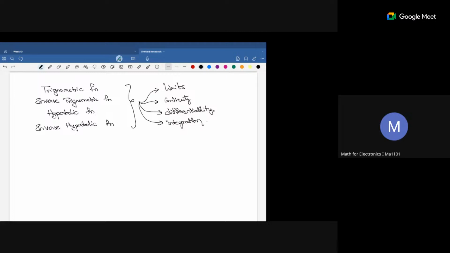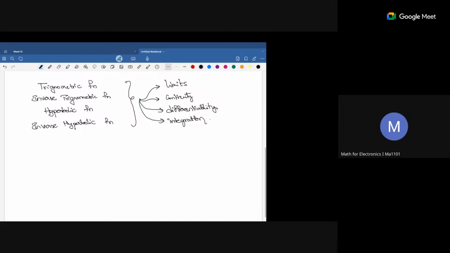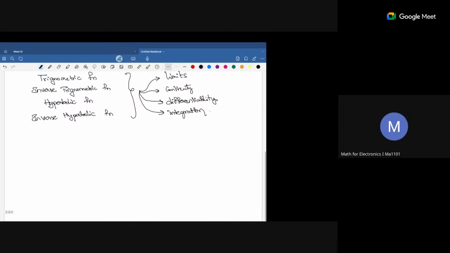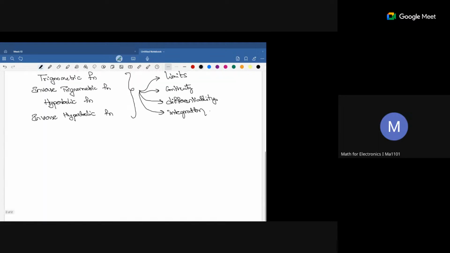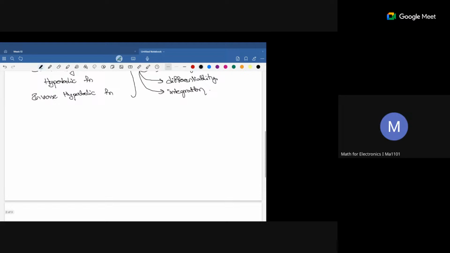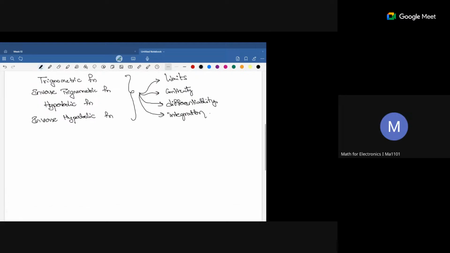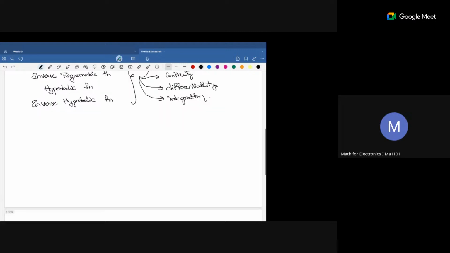We will solve, or we have solved, problems related to these topics. Today we will start with inverse trigonometric functions, and see how to compute limits, continuity, differentiability, and integrations for each of them.